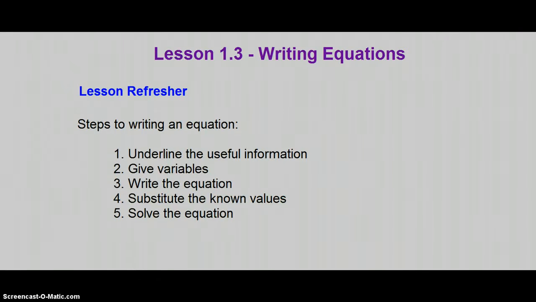So if we're talking about cats and dogs, we might use C and D instead of writing the word cats and dogs all the time. Then we need to write the actual equation using our variables, and if we are given a known value, we have to substitute it into the equation, and then finally we solve the equation like we've been doing. So let's look at a few examples.